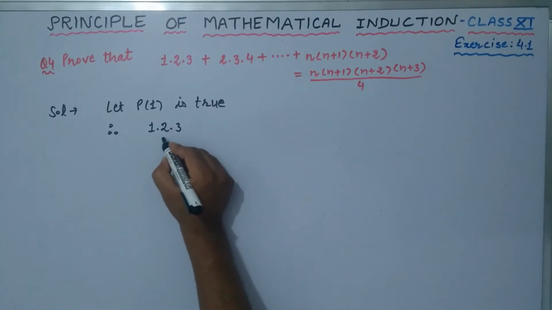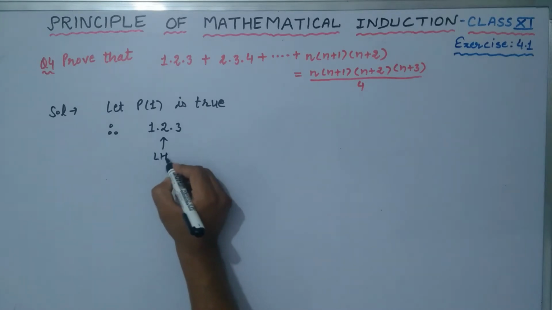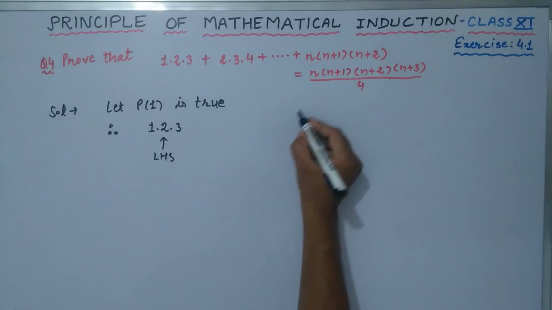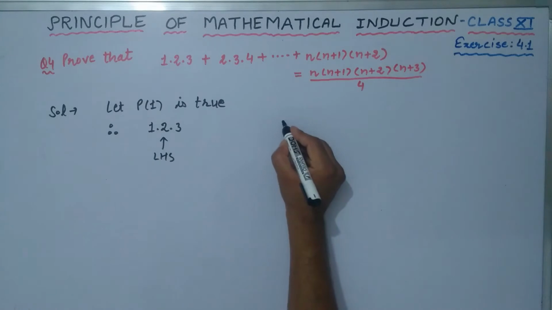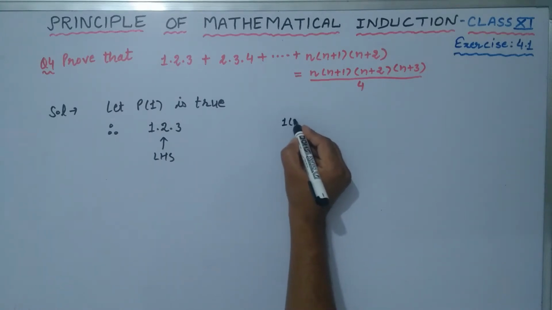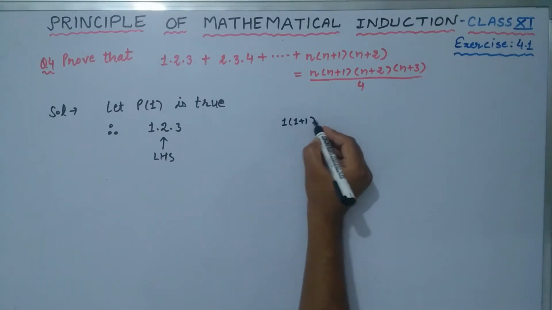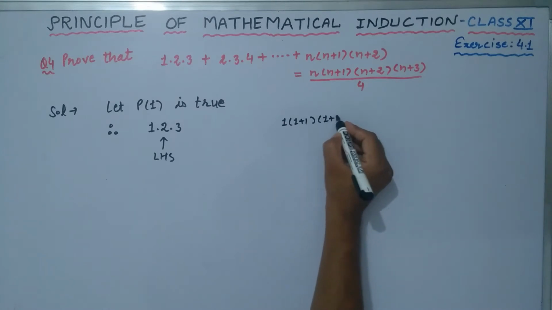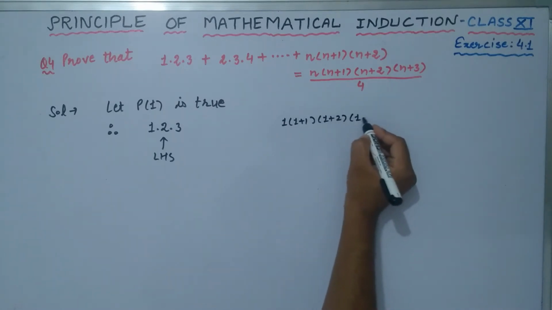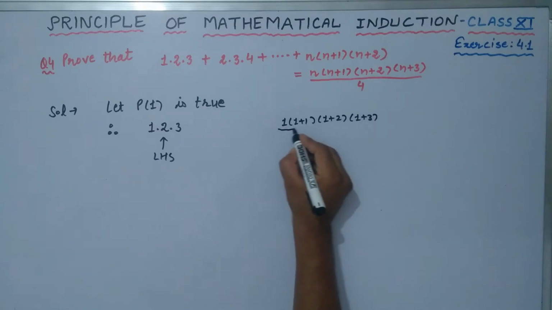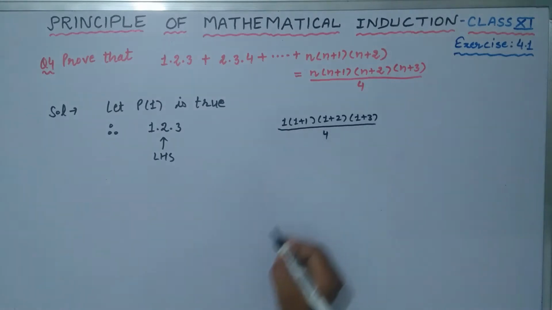The right hand side, putting n is equal to 1, is 1 into (1 plus 1) into (1 plus 2) into (1 plus 3) whole divided by 4.